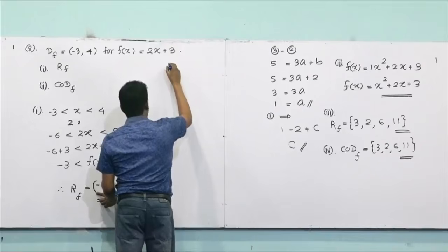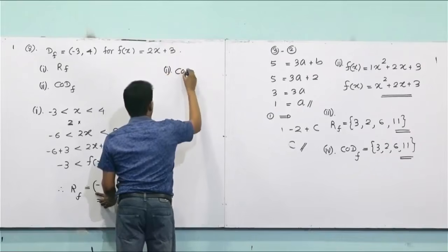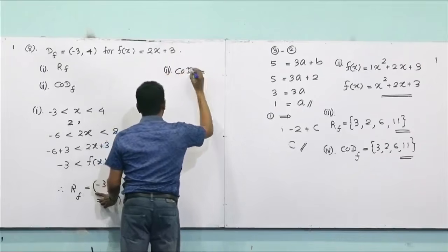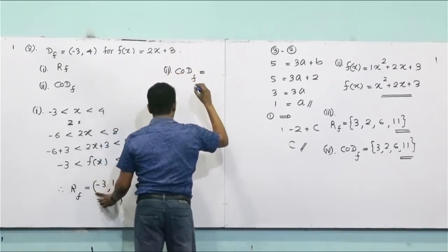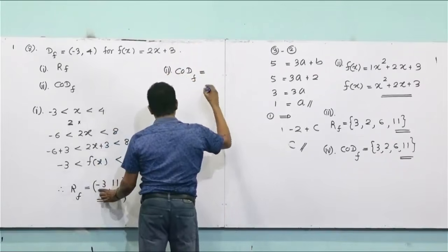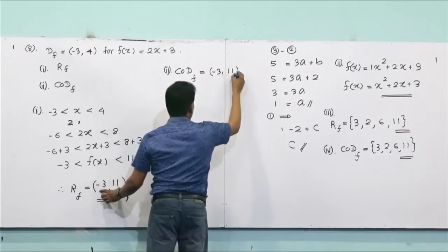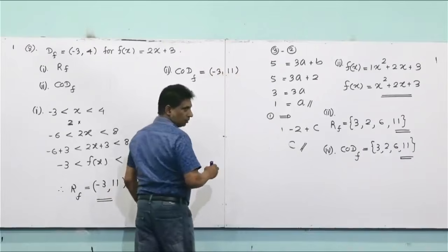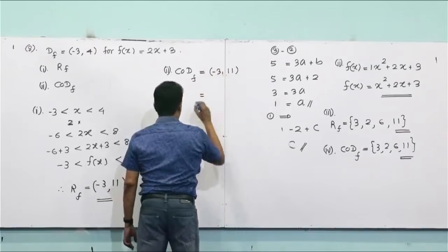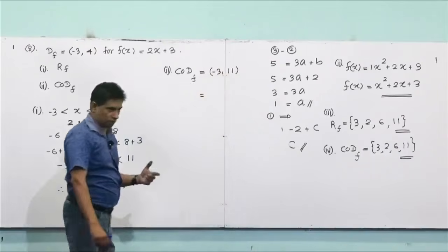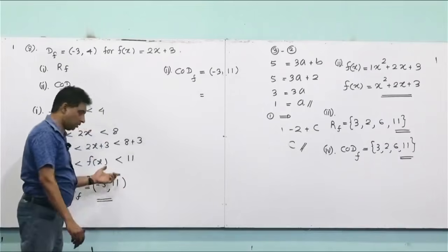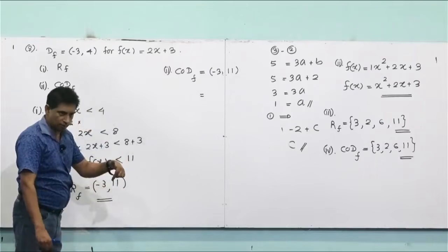If this is Rf, how can we write the codomain? We can write this itself, that is also okay. As we know, we can put any values other than this for the codomain.